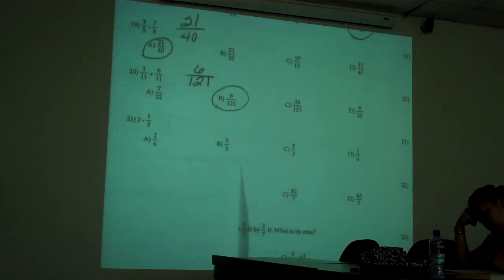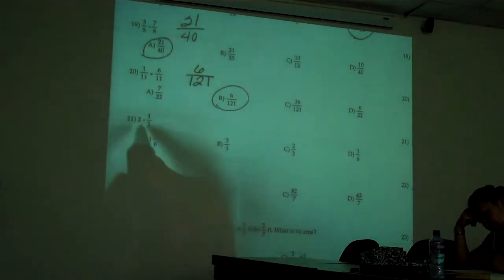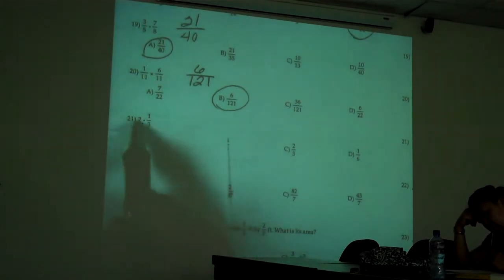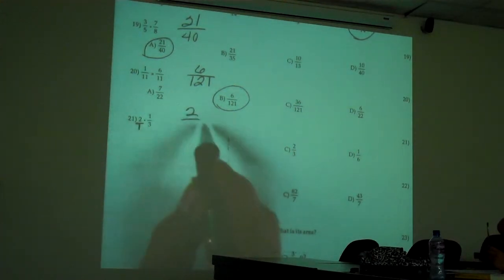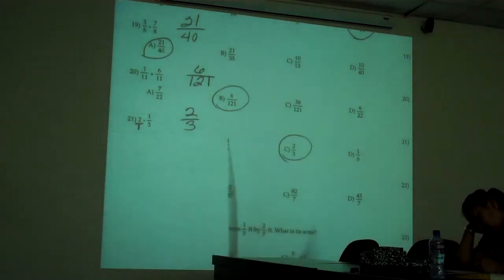No reducing, or you could have reduced it here. Okay, 2 times 1/3, put 2 as 2 over 1. 2 over 1 times 1/3. You have the top times top, 2 times 1 is 2. 1 times 3, 3. So 2/3.